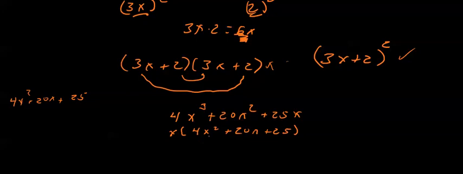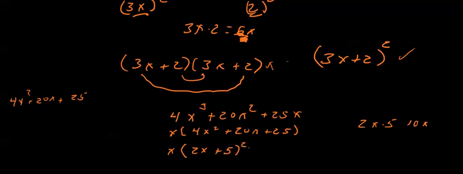Is it a perfect square trinomial? 4 is a perfect square, 2x. 25 is a perfect square, 5 times 5. 2x times 5 is 10x. 20 is double that. All we have to write is 2x plus 5 quantity squared.